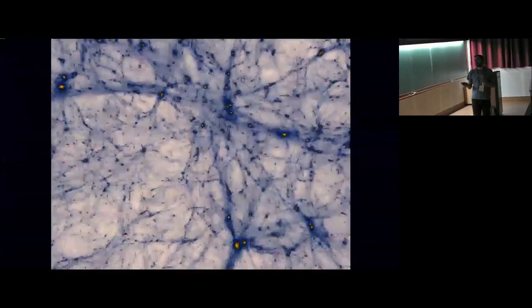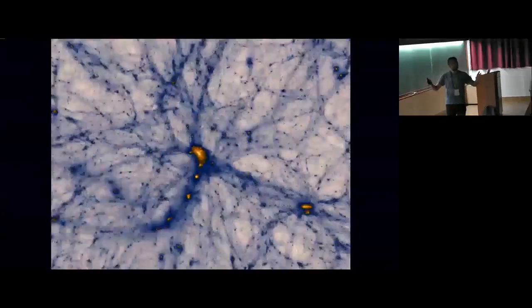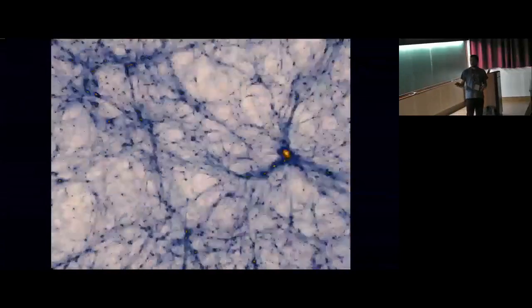And now you can see all the filamentary structures here in blue, and the places where galaxies form are these yellowish. And now we are getting close to actually the largest halo in the simulation, of a mass close to 10 to the 16. So the whole calculation followed 300 billion particles on a 70 cubic gigaparsec volume. So you can see that the whole cosmic web can be resolved very accurately with these numerical simulations.